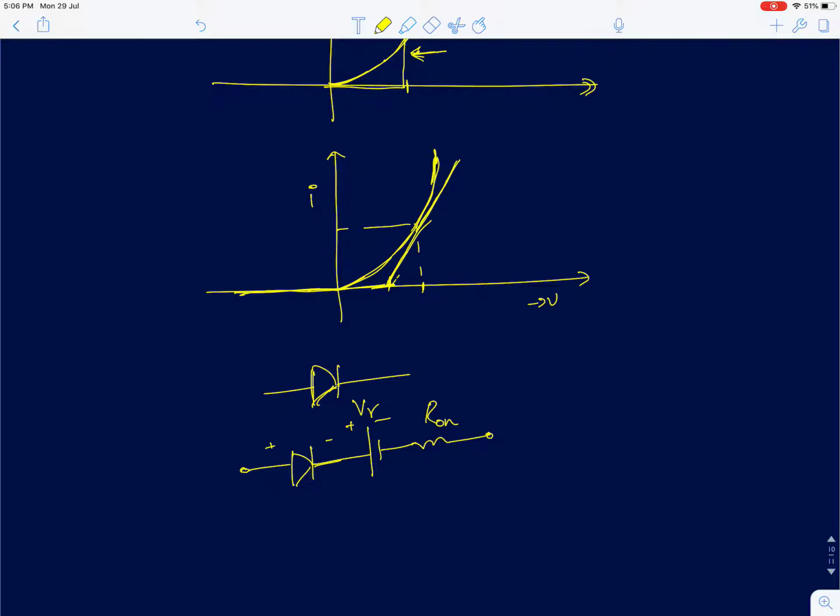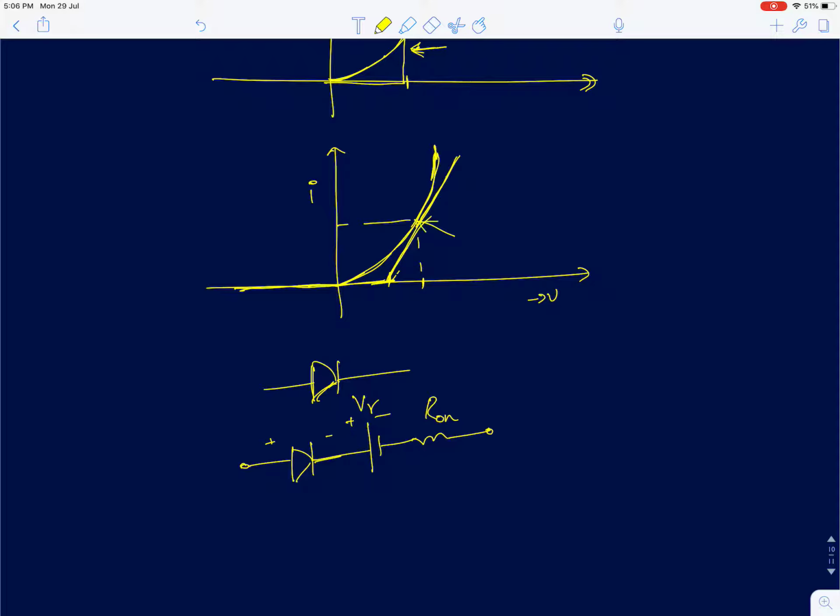The value of R on can be found from the IV characteristics of a diode. When you study the analysis of amplifiers, you will know that most amplifiers have what we call a bias point or a quiescent point, around which you normally operate those amplifiers.